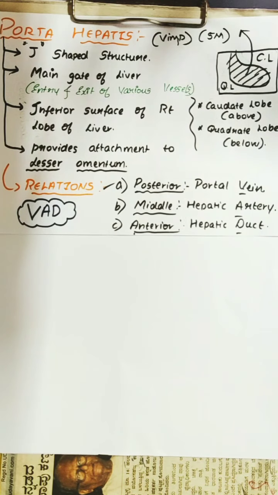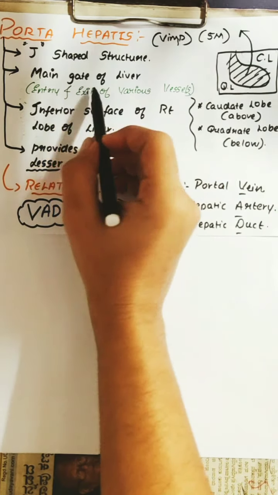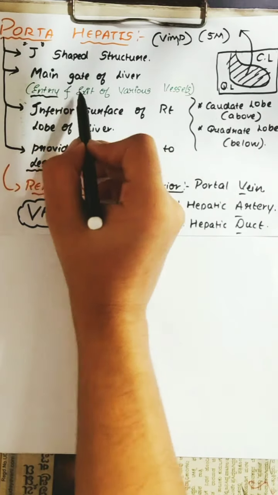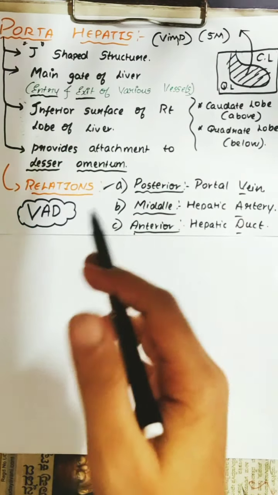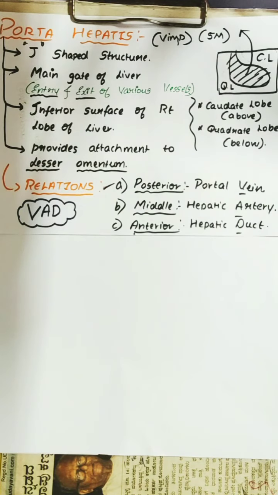So now we'll speak about the entry and exit of the substances. I have said here, it helps in entry and exit of the substances. So which are those vessels entering and exiting? In this porta hepatis, 3 vessels are entering the liver and 2 vessels are leaving the liver.